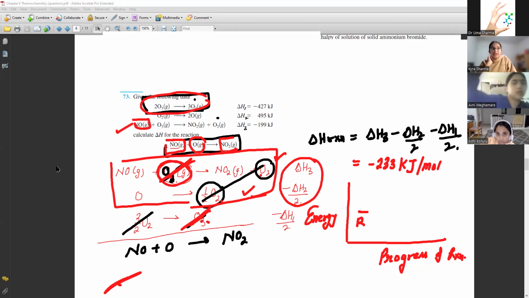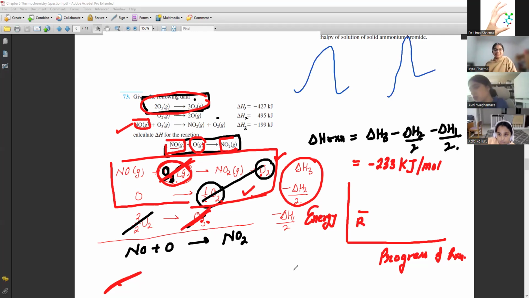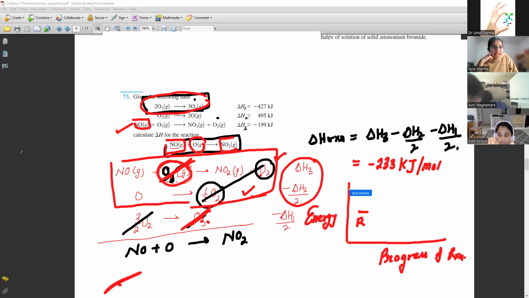I was wondering if it was like the one where there's an exothermic in it. Yes, that one. Now draw. You have to make it exothermic. Just ignore that mistake.